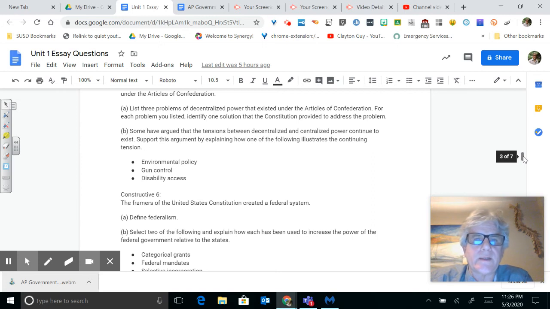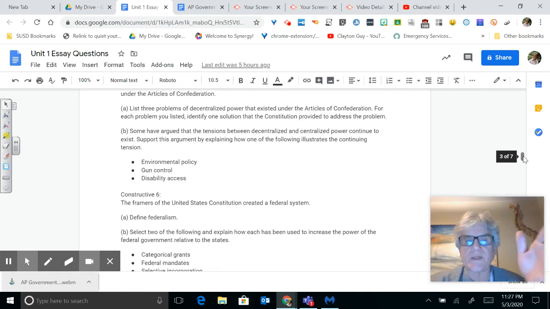These are mandates that the states have to follow, and if states don't follow them, they can be fined. Builders can be fined. There can be issues with that. So this is an argument, a tension between the central power and the state's power. Decentralized is typically local. State and local should do it.